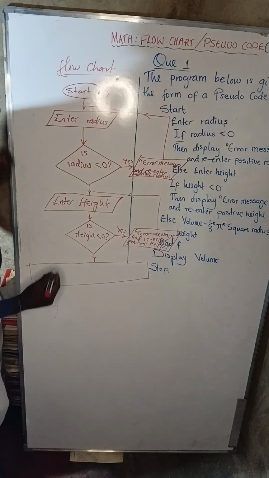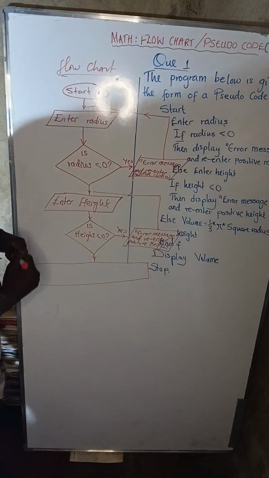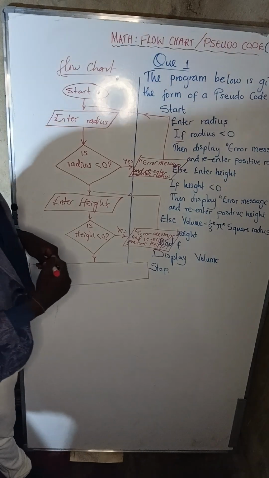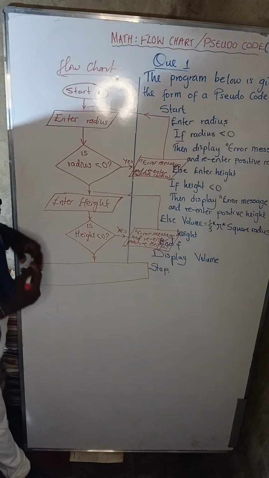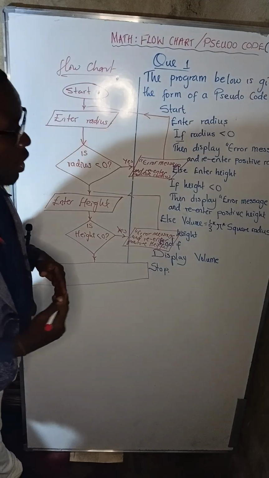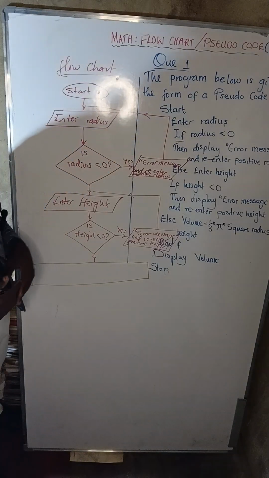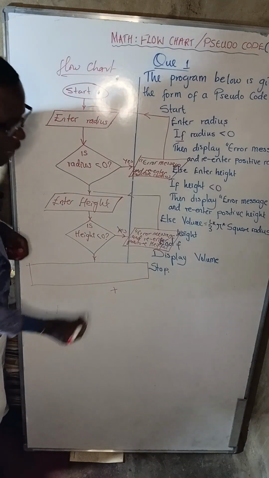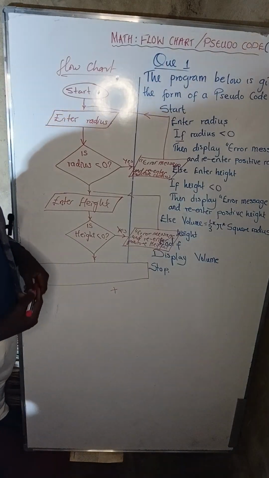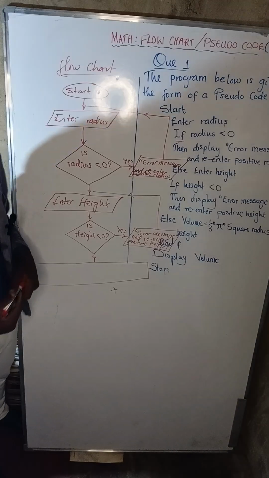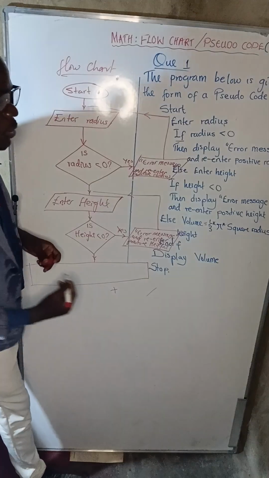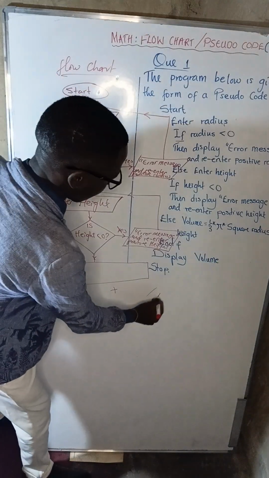So now, according to this, we are saying else the volume is 1 over 3 times pi times the square radius times the height. You don't change anything here, unless you were given maybe the times which is like this. You need to write times in form of an asterisk. Then you need to write a divide by in terms of a slash. You need to write a plus sign just the way it is.